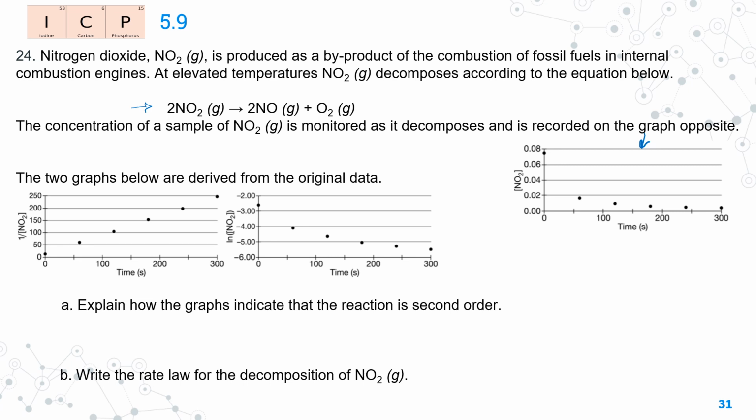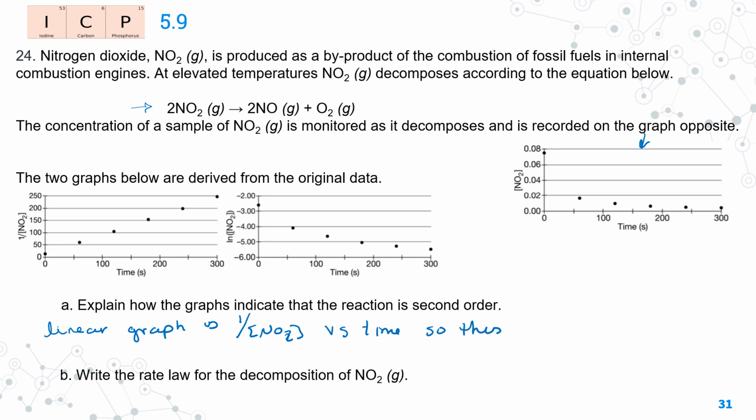So explain how the graphs indicate the order of reaction. The most linear graph is 1 over the concentration of nitrogen dioxide versus time.